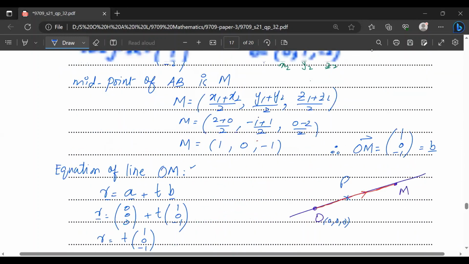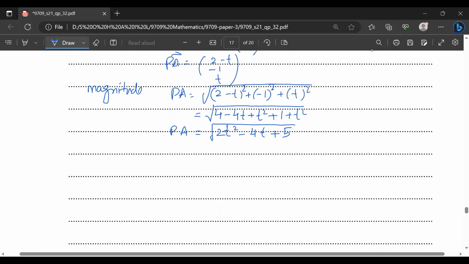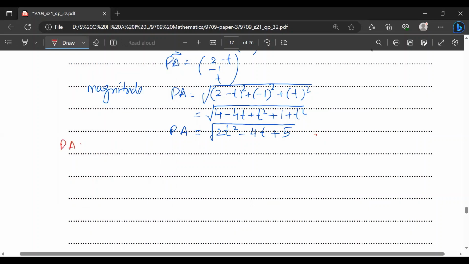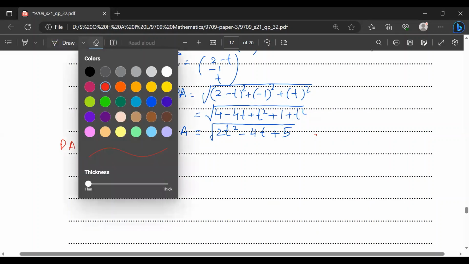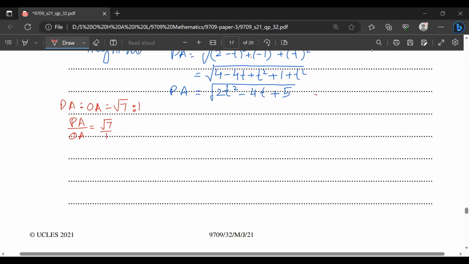Now using this important condition, PA to OA is root 7 to 1. PA over OA equals root 7 over 1, or PA equals root 7 times OA.